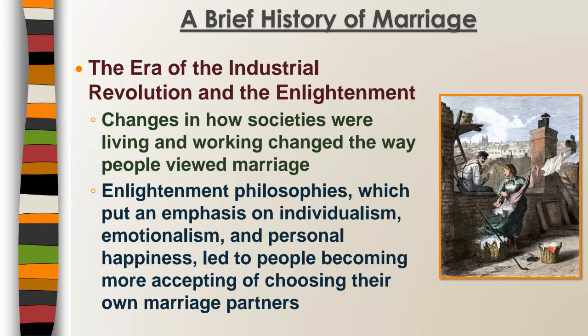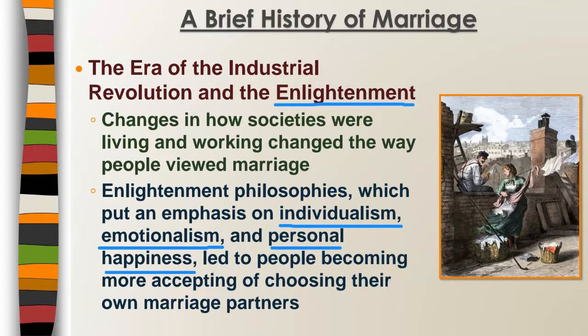So think again, first, the Enlightenment period, maybe you've read about in a history or maybe an English class before, but Enlightenment philosophers really started to shift our focus away from collectivism and put more of an emphasis on who we are as individuals. They put a lot of emphasis on our emotions and our personal happiness and a striving for our personal happiness.